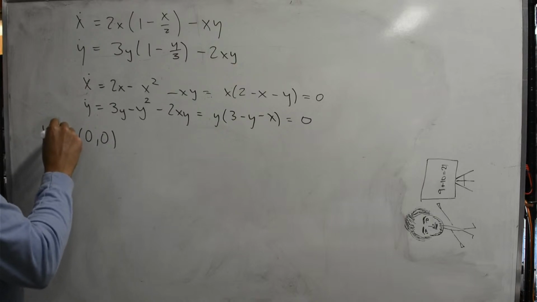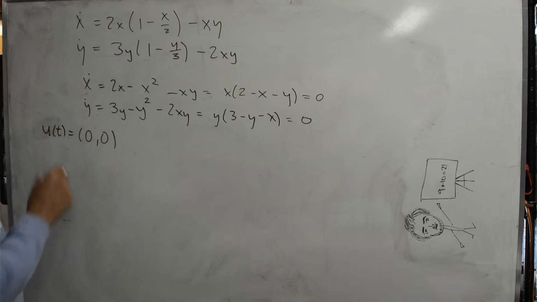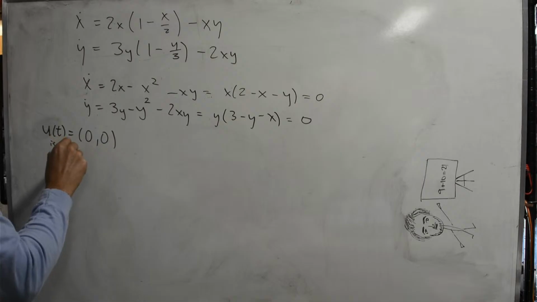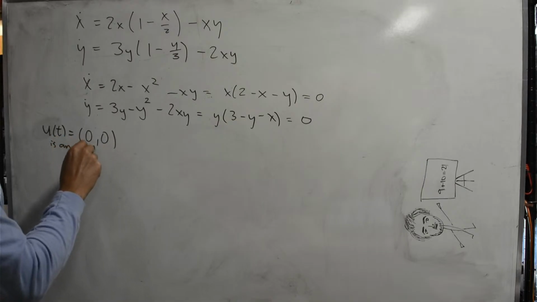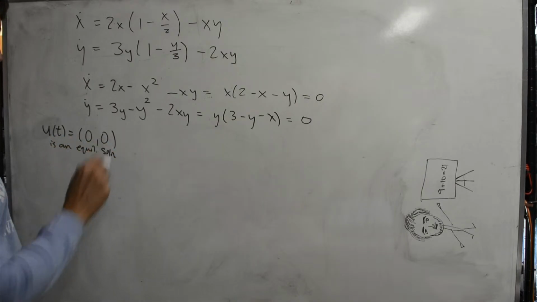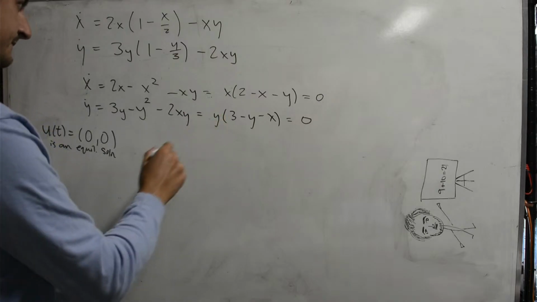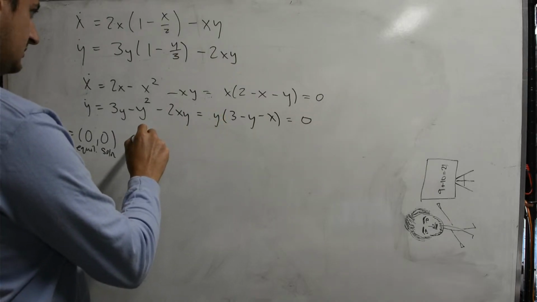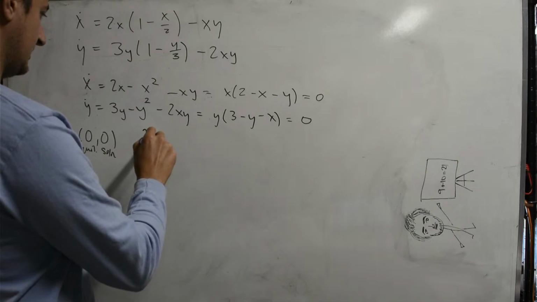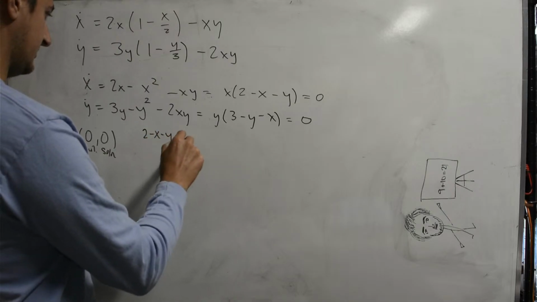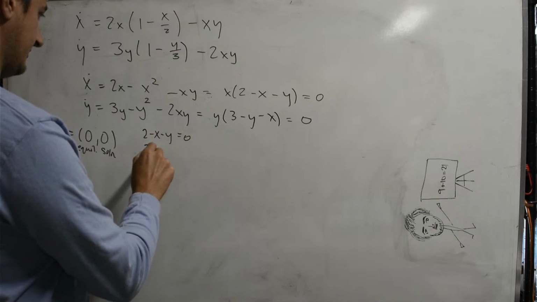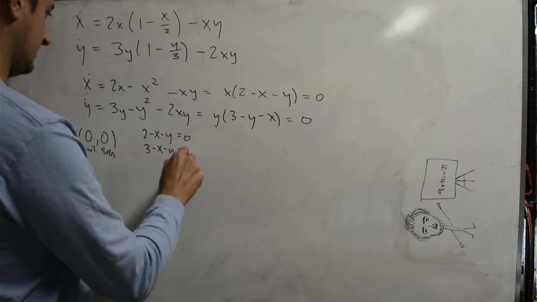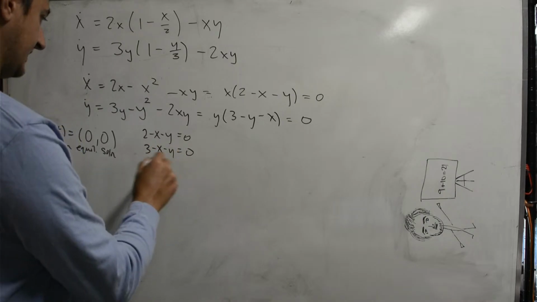U of t equal to 0, 0 is an equilibrium. So now we need 2 minus x minus y equal to 0 and 3 minus x minus y equal to 0. So we could turn this into a linear system of equations.